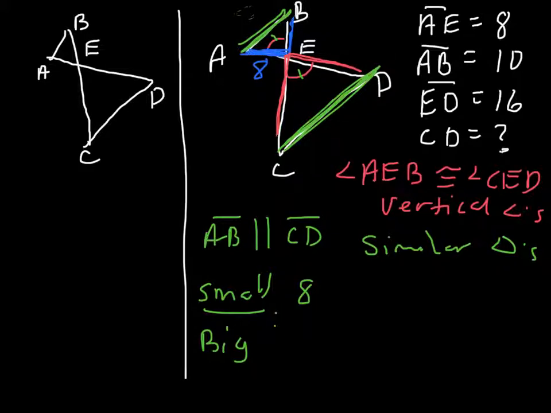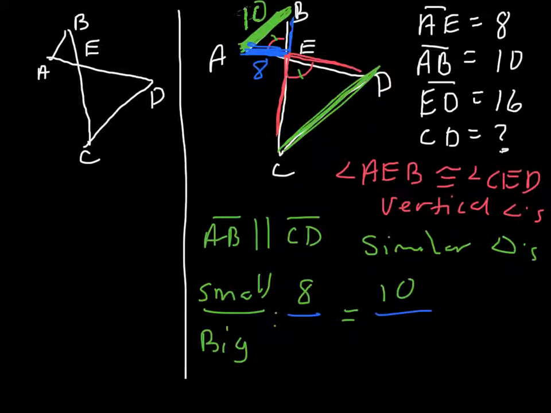And then this line up here, AB, is right here. Okay, so that's another small one. So then AB would be on the other fraction. So the smalls are on the top. The small side here is 10, and the small side here is 8. So those are both on top of my fractions.